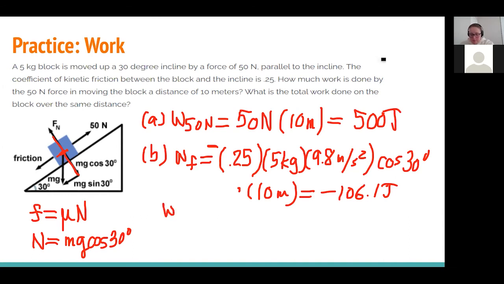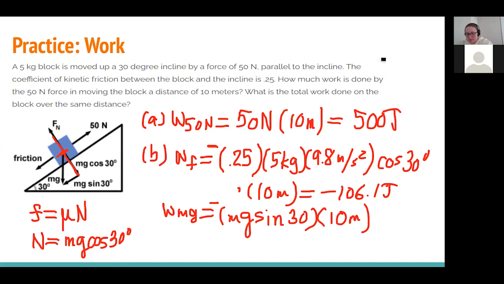So our component is mg sine of 30, and this is going down the ramp. It is a negative force times our distance, which is 10 meters. You plug in 5 kilograms for mass and gravity is 9.8, and you end up with negative 245 joules.